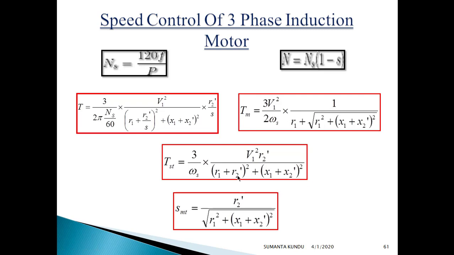So we can easily neglect r1 or r1 plus r2 dash in comparison with x1 plus x2 dash, and we will simplify this equation and see what the relation is between the maximum torque, the starting torque, and the slip at maximum torque with the frequency.